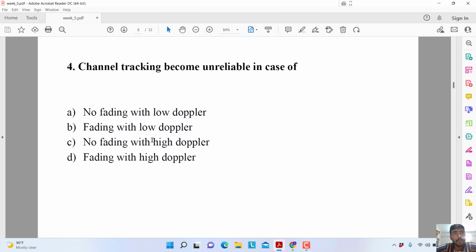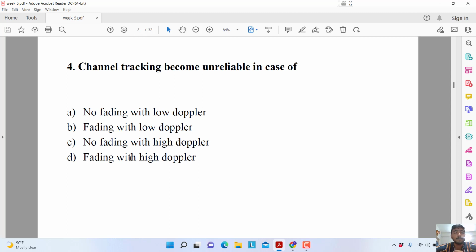C is no fading with high Doppler. Fourth is fading with high Doppler. In parts A and C, fading is not considered, but in B and D, fading is considered. We just have to tell in which case channel tracking becomes unreliable.